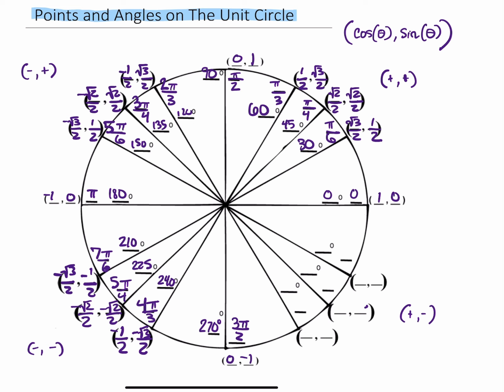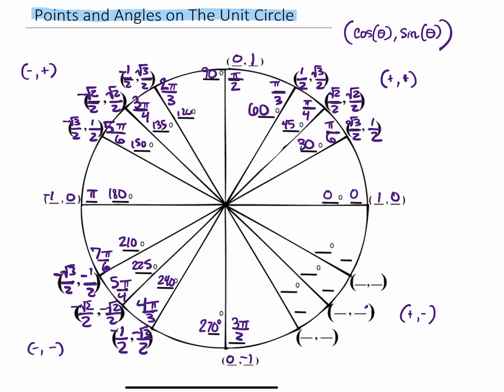All right, we're almost there. Just need the fourth quadrant. So let's continue our pattern. In the fourth quadrant, x should be positive, and y should be negative. We're now on the same vertical line, so the x values should be the same, and then the y values should flip in sign from positive to negative.